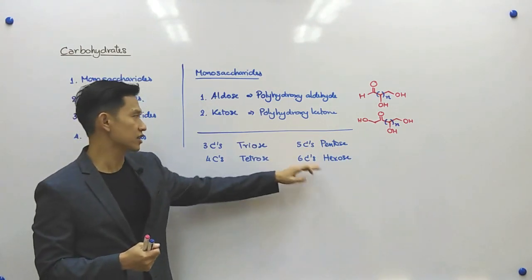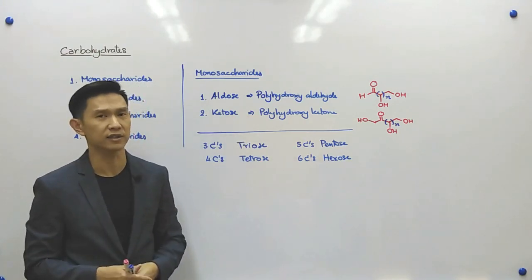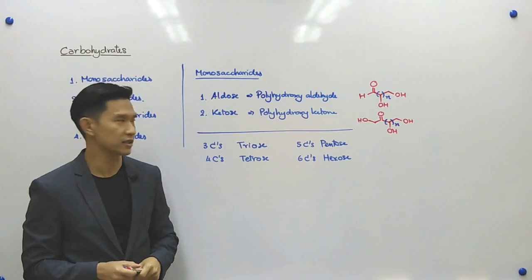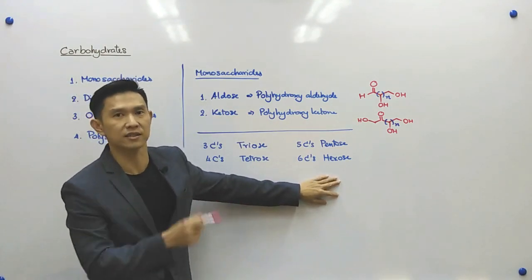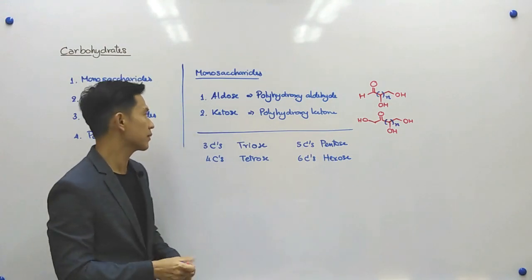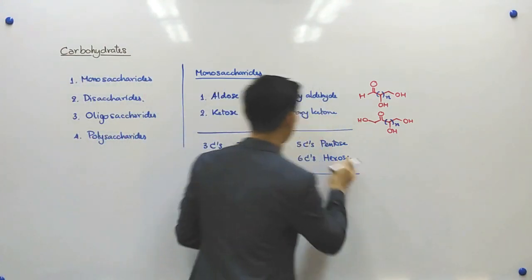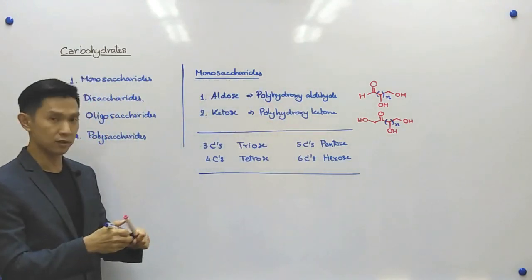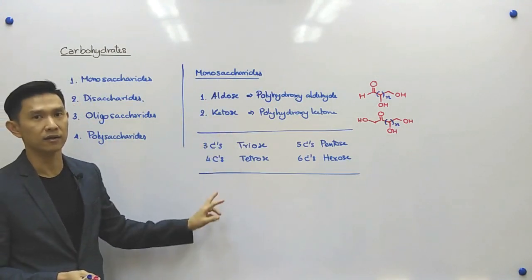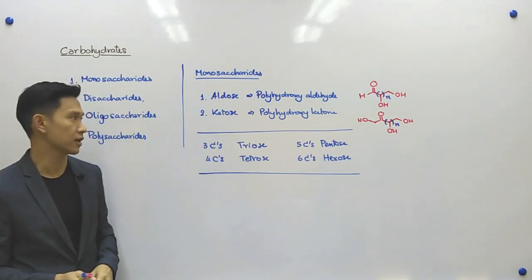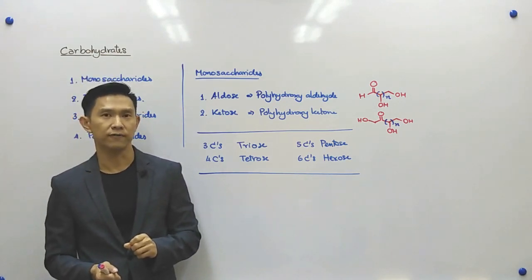Longer chain polyhydroxyketones or aldehydes can be rarely seen in nature, because we start from hexose and digest it to something smaller. Now, we know that we can categorize them by 2 criteria, the functionalities and the number of carbon atoms.